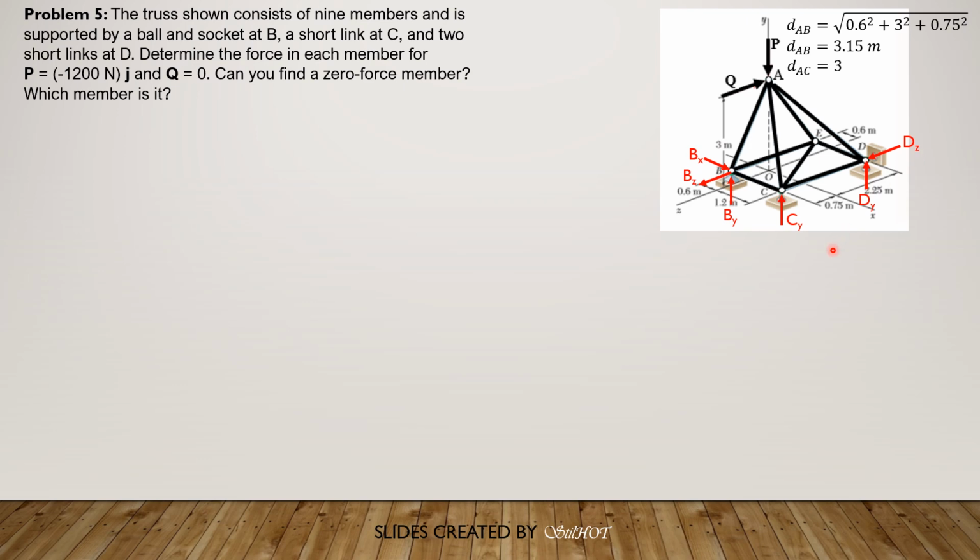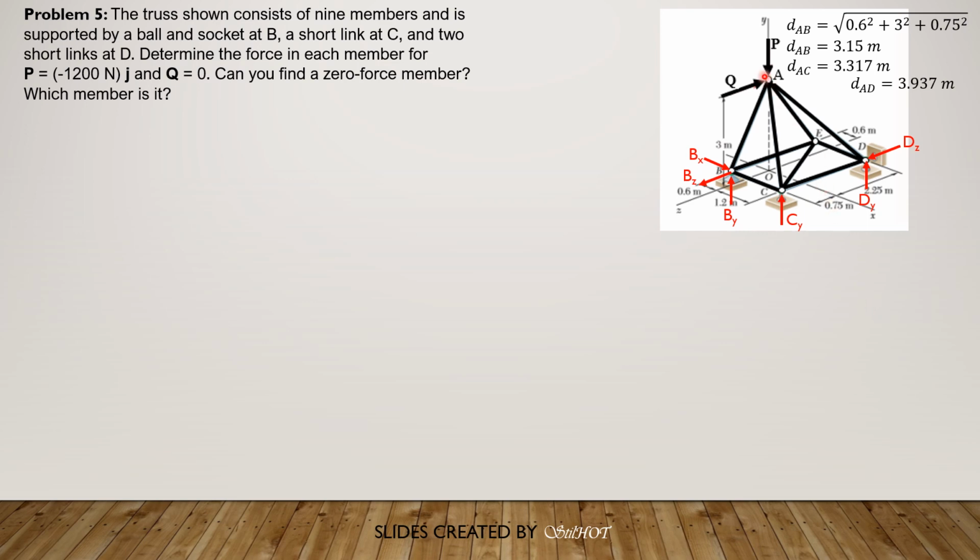Distance AC is the square root of 1.2 squared plus 3 squared plus 0.75 squared. So that's 3.317. Distance AD is the square root of, along x, 1.2 squared, along y, 3 squared, along z, 2.25 squared. So we have distance AD 3.937 meters. So you use your calculator to verify these distances.